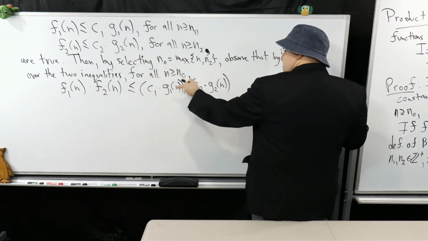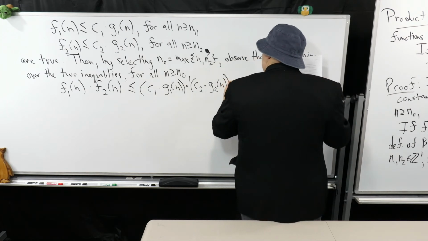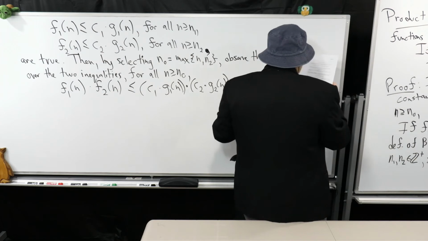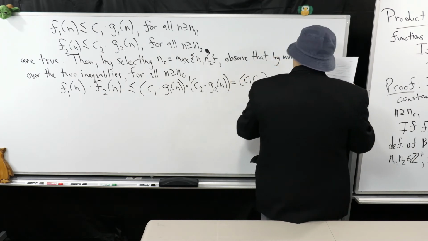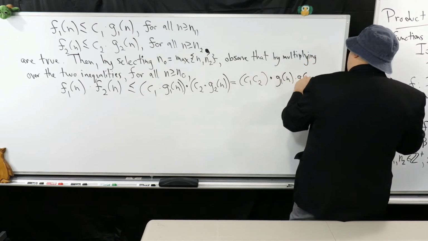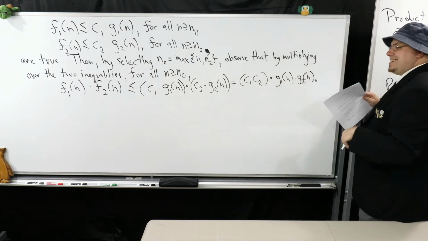But what's this? I can rearrange these terms through associativity. Basically, I can permute these elements because they're all being multiplied. So I end up with C1 times C2 times G1 of n times G2 of n. Do you see what I should select for C?